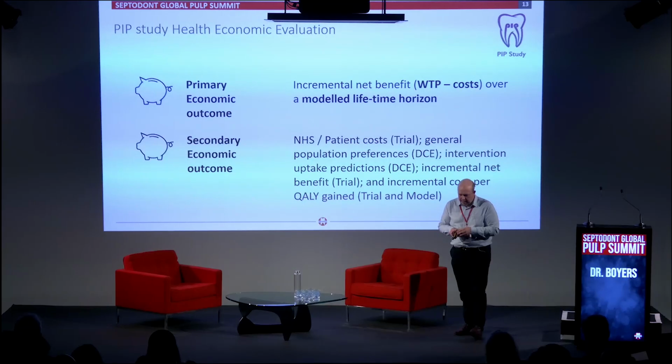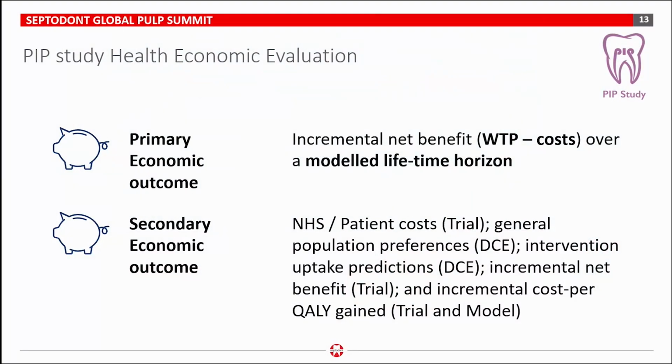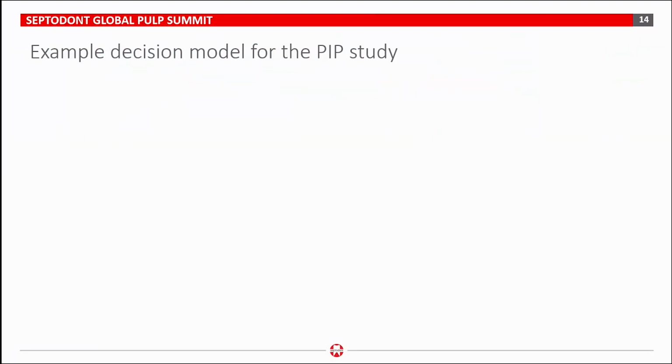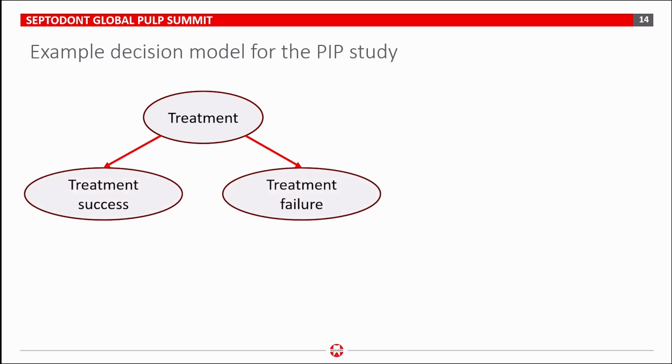We've seen these slides in the earlier presentation. It's a summary of the economic outcomes. And again, a very simple hypothetical example of what the PIP study economic model might look like. Do we have treatment success or do we have treatment failure? We want to keep people in that treatment success state for longer.